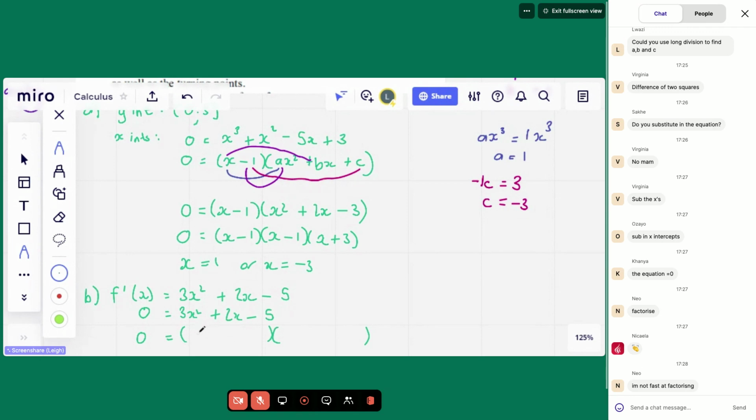I'm not fast at factorizing. That's okay. The other thing that you can also do is you can use the quadratic formula. But if it does factorize, then it's often easier to do that.